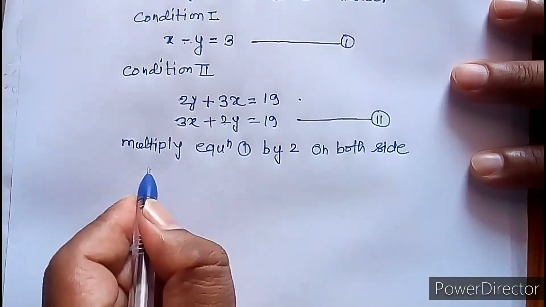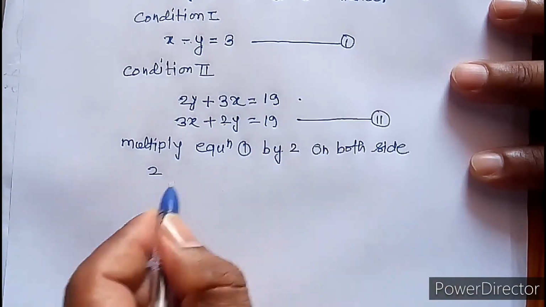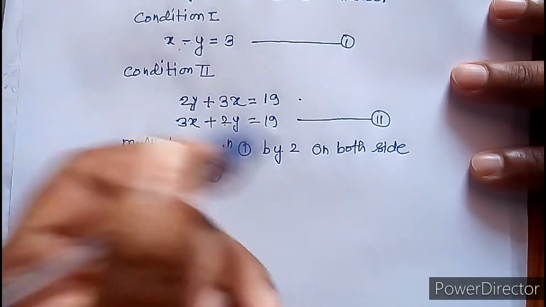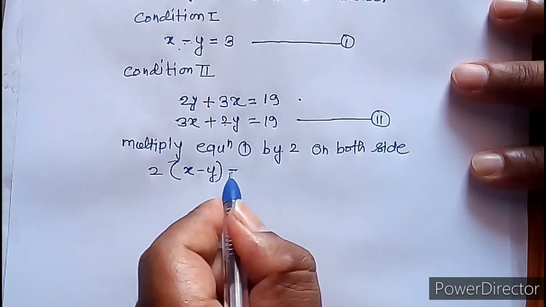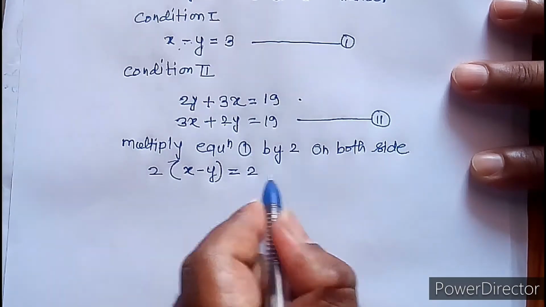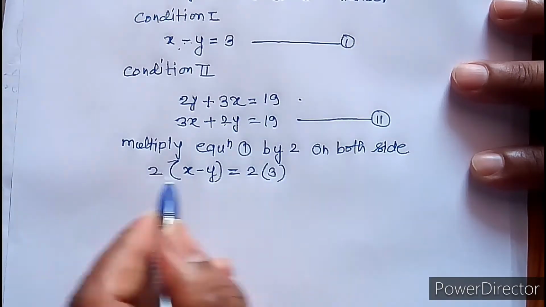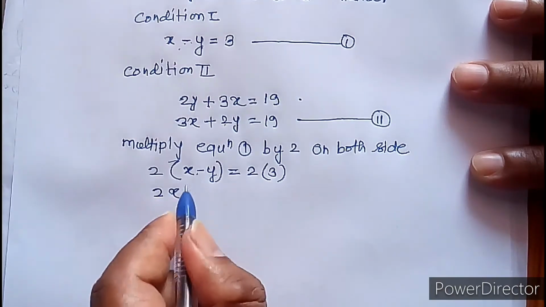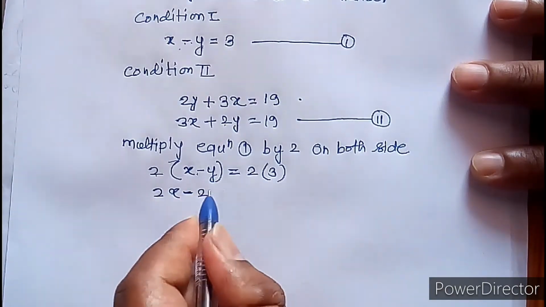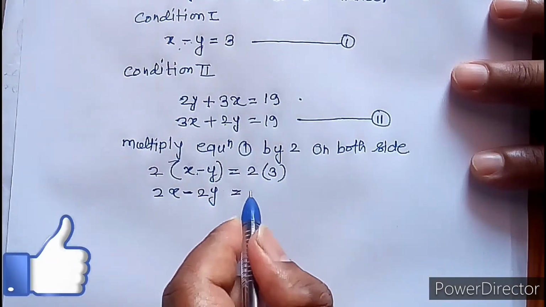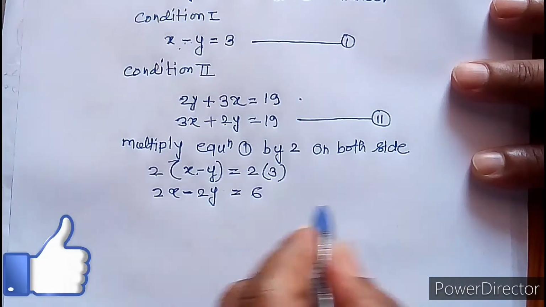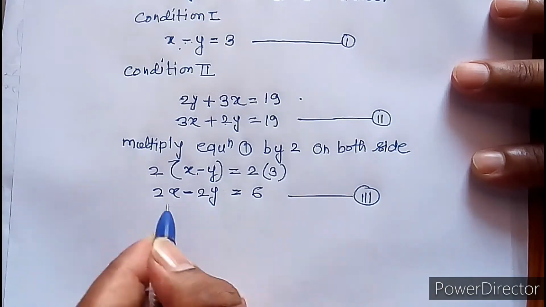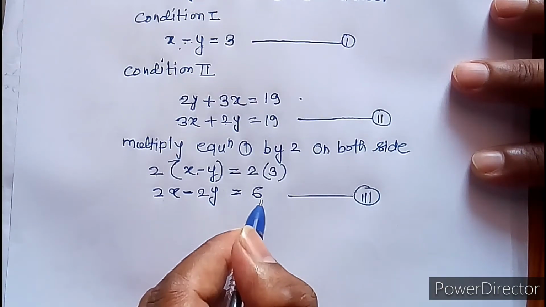Now 2 into equation 1: the left side x minus y is multiplied by 2 and the right side is also multiplied by 2. 2 into x is 2x, minus 2 into y, 2y, equals 2 into 3, 6. We get this equation, give it number 3: 2x minus 2y equals 6.